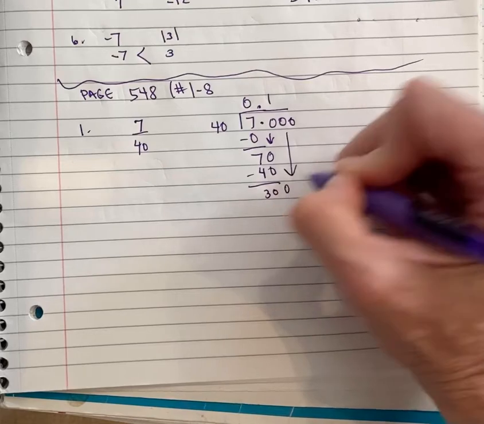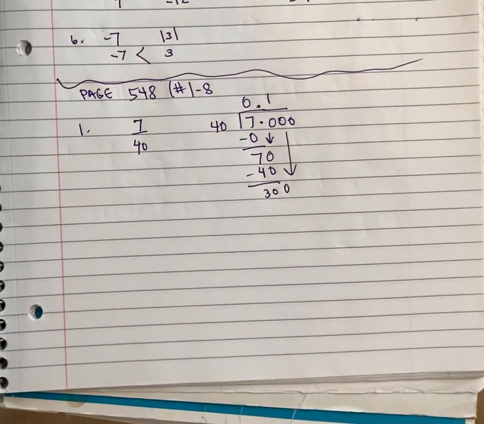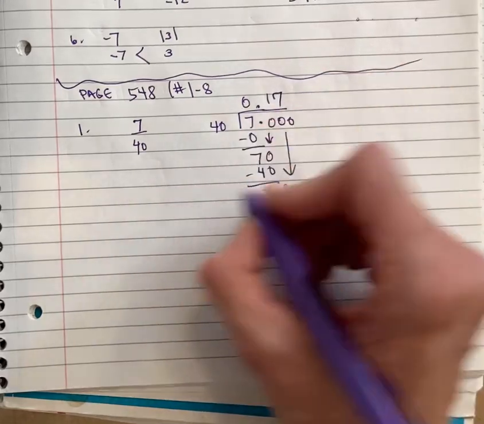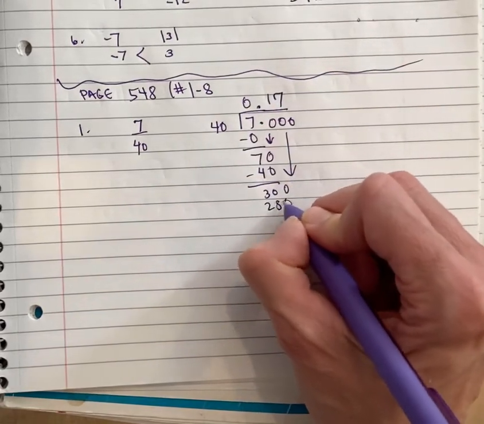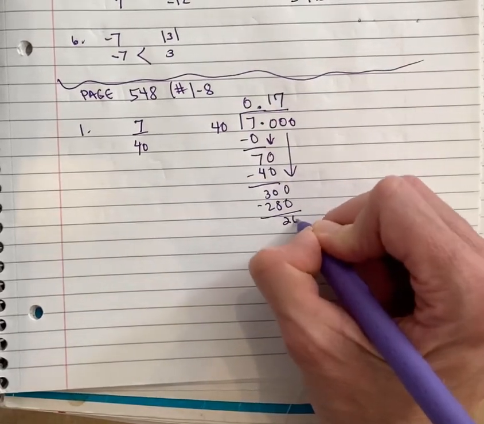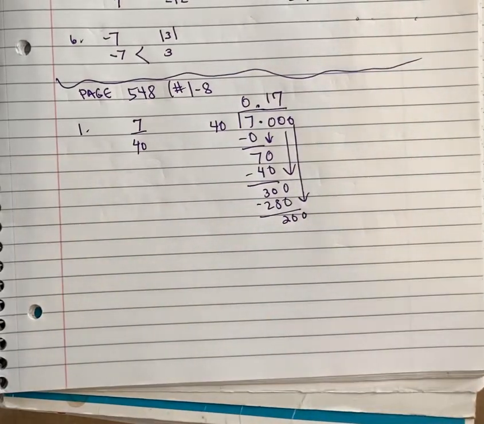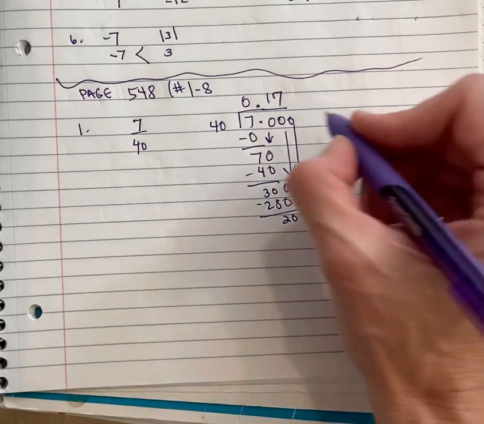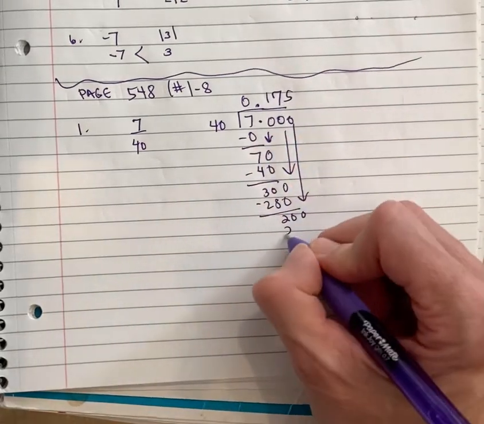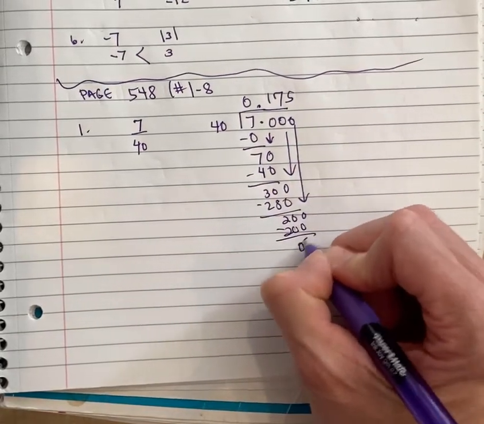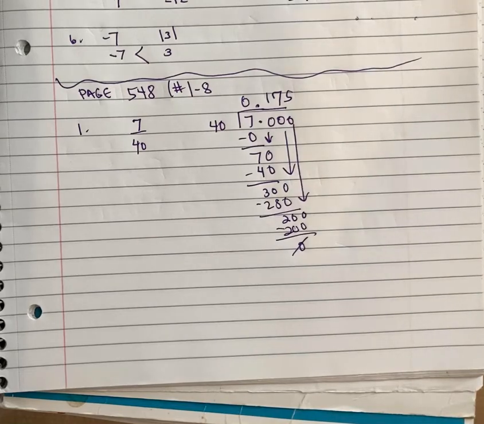Bring down. 40 into 300 goes in 7 times. 7 times 40 is 280. Subtract, and I get 20. Bring down. 40 goes into 200 5 times, subtract, and it comes out even.